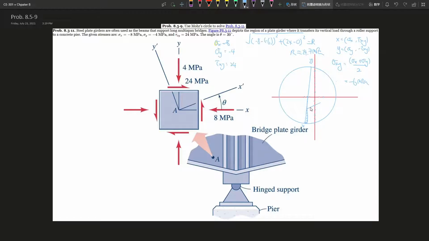Let's call this 2 theta. I don't know the exact location, but let's find out. We can also find this position, from here to here, and this is going to be our x prime.